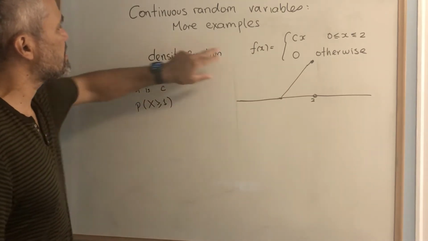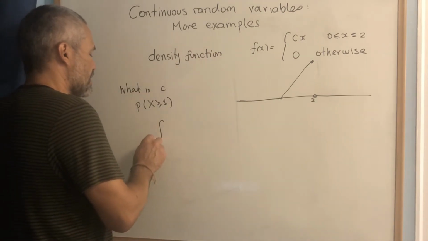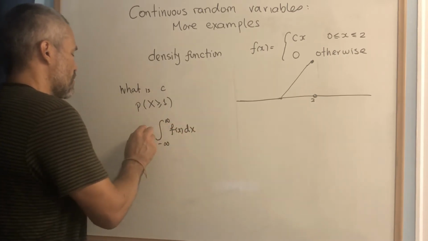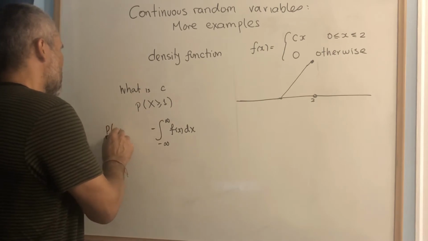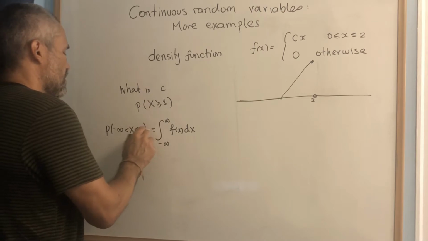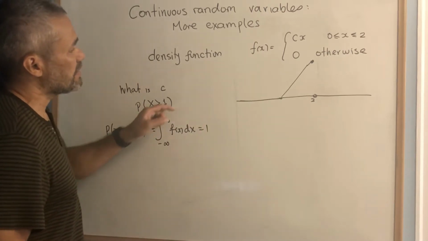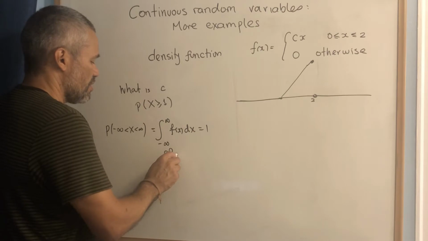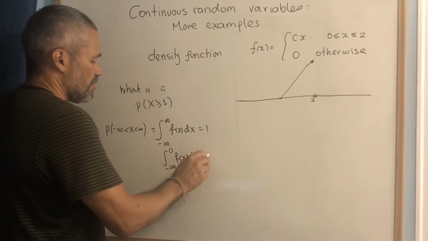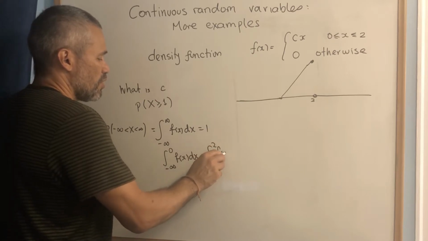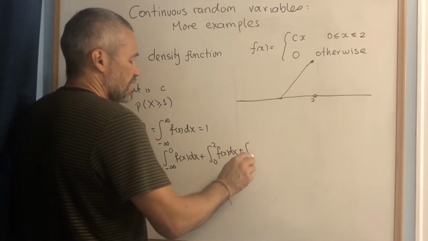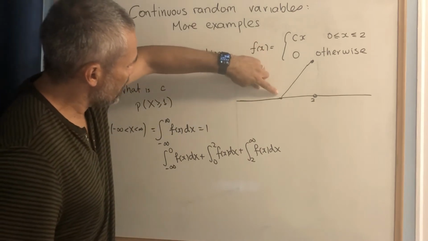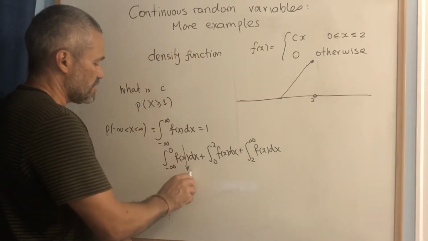Since this is a density function, we want the integral from negative infinity to infinity of f of x dx, which is just the probability that x is any number. We want this to be equal to 1. When we split this integral into 3 pieces, negative infinity to 0 of f of x dx plus the integral from 0 to 2 of f of x dx plus the integral from 2 to infinity of f of x dx, then by definition the function before 0 is 0, so this is equal to 0.